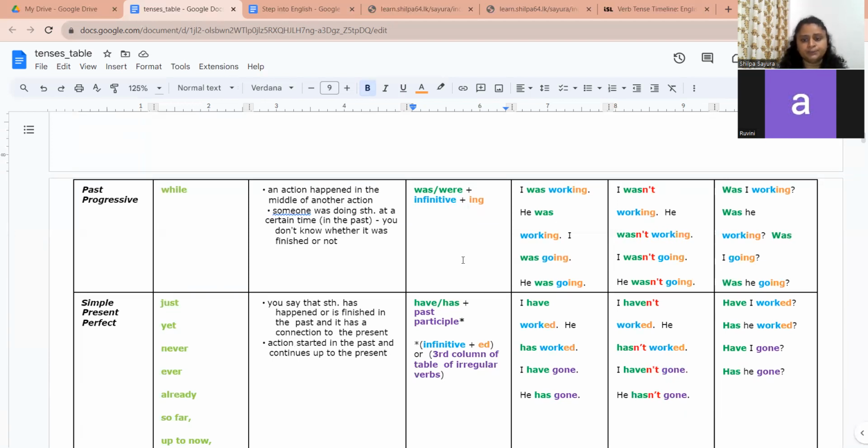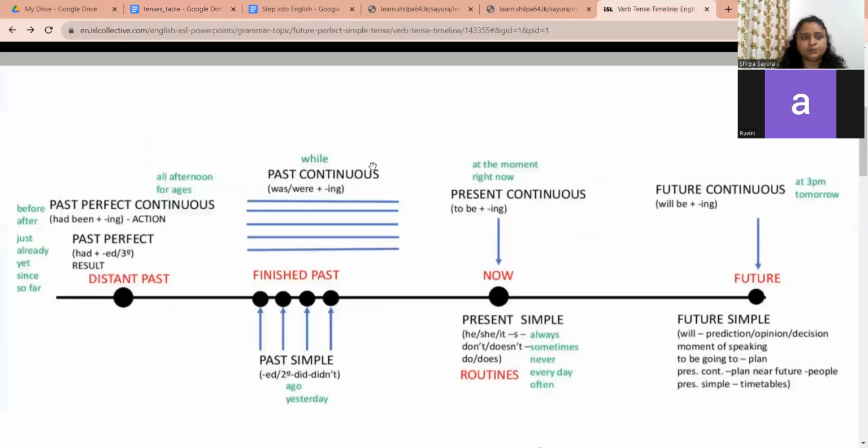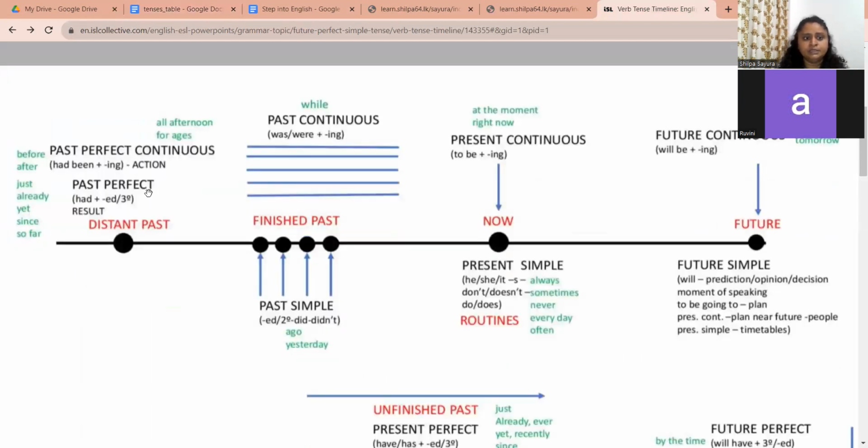And then past progressive. Let me show that here. So it is somewhere over here, before the present tense and even present continuous, which is over here.